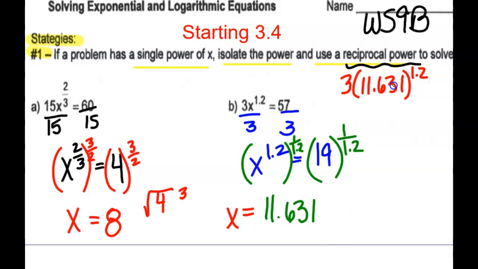Just type in this. But if you only put in 11.6, try that. Do 3 times 11.6 to the 1.2. Then it's a lot further away from being exactly 57, yes? Yeah. So that's why I try to carry more decimals, okay?